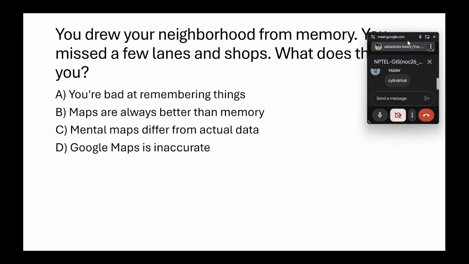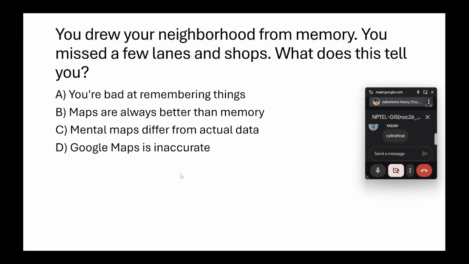So basically, once you do that activity of drawing your neighborhood from memory, you can miss a few lanes or shops. So what does this tell you? First is you are bad at remembering things. Second is maps are always better than memory. Third is mental map differs from actual data.